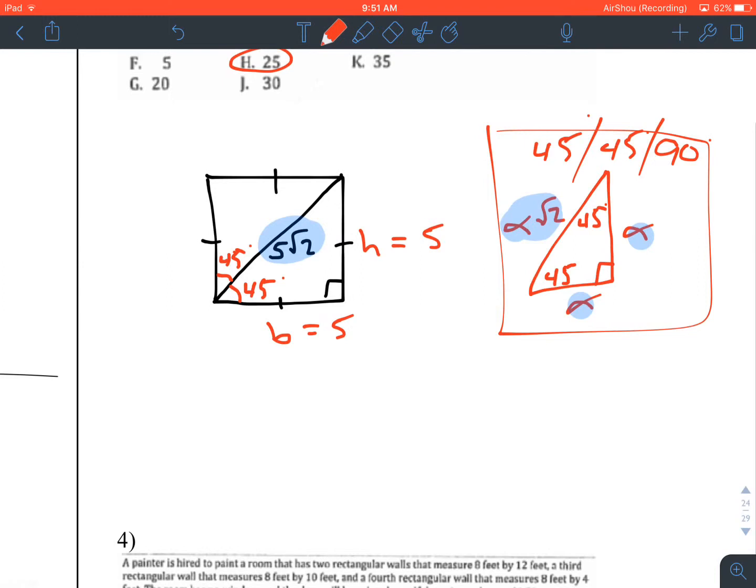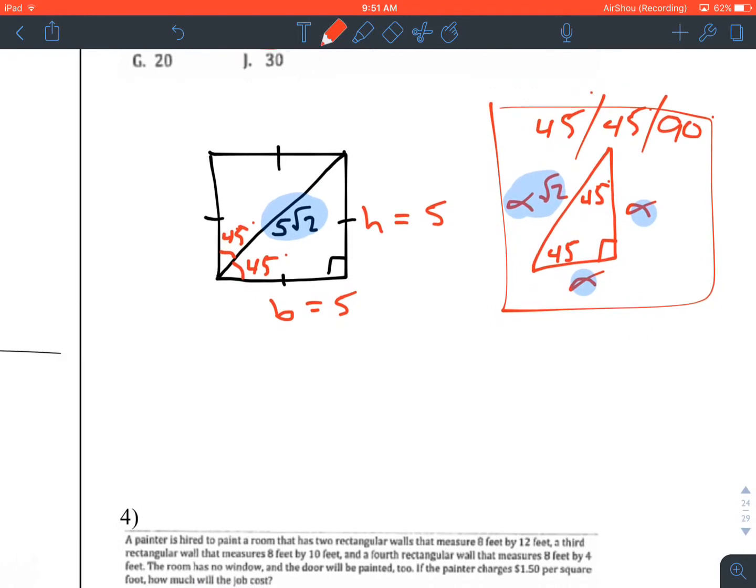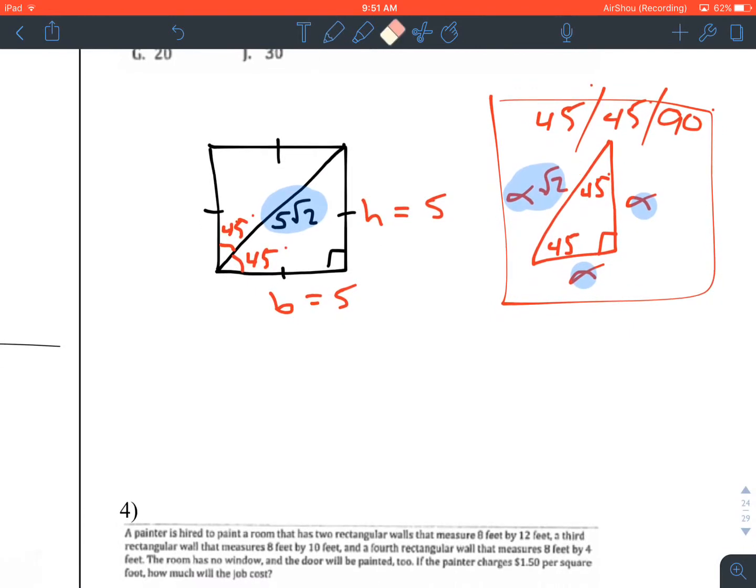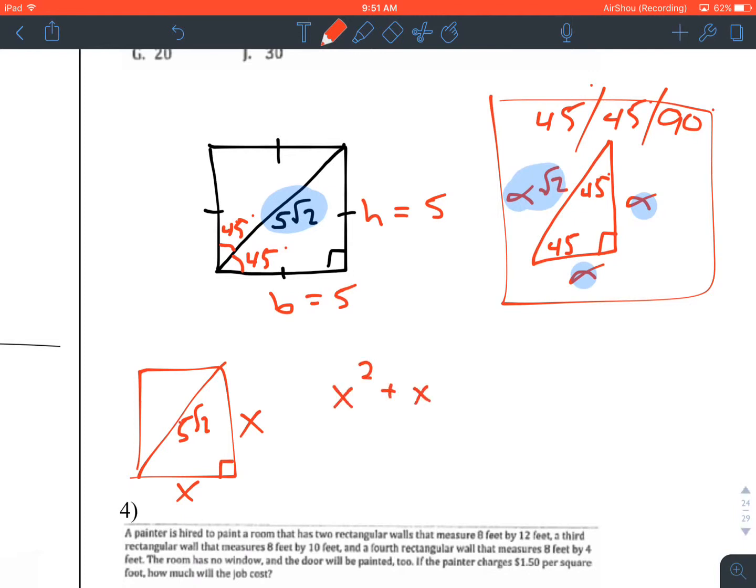Alright, let's move on here. Let me tell you another way to do this problem. Let's say you don't remember special right triangles. Let's backtrack a little bit. So we have this picture, we get 5 square roots of 2. We don't know what these are, we know they're the same. You could use the Pythagorean theorem to figure out what those are. x squared plus x squared equals (5 square roots of 2) squared. x squared plus x squared is 2x squared.